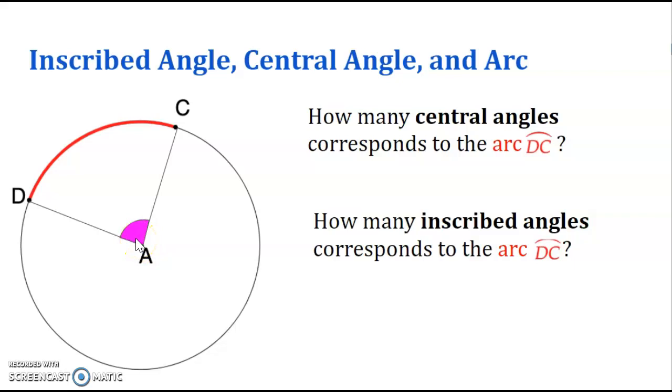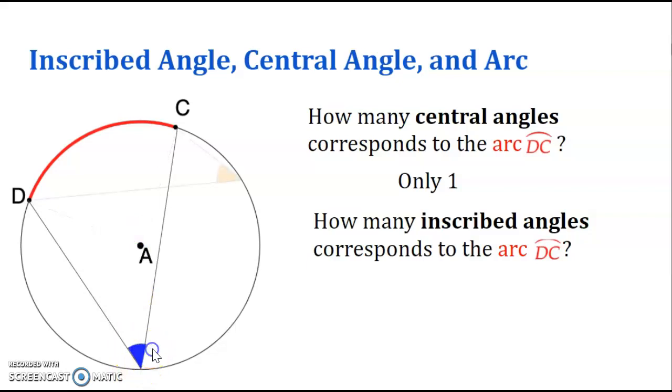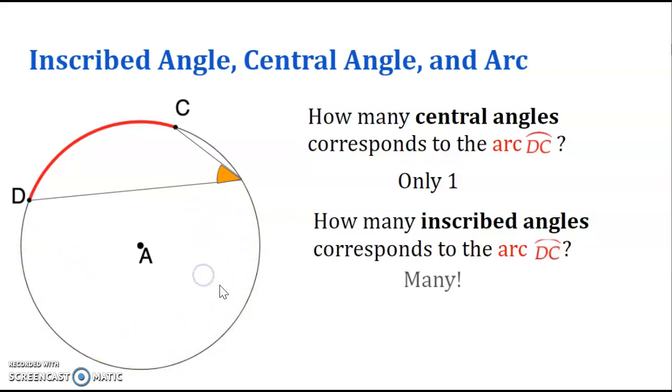What about inscribed angles that correspond to arc DC? Well, I can create an inscribed angle right there, or right there, or anywhere along the rest of the circle circumference. So there are many inscribed angles.